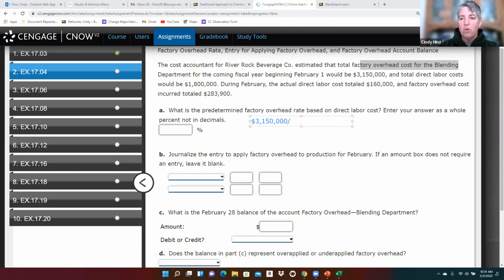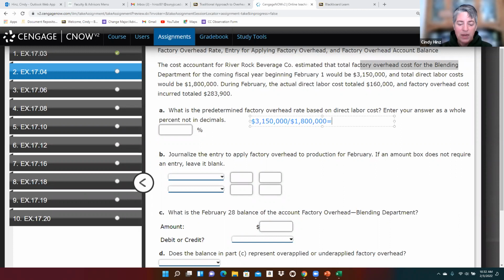That's the budgeted overhead dollar amount. And we divide by the budgeted level of the cost driver. They tell us that their cost driver is direct labor cost, which is estimated to be $1,800,000. It asks us to enter our answer as a whole percent, not in decimals.